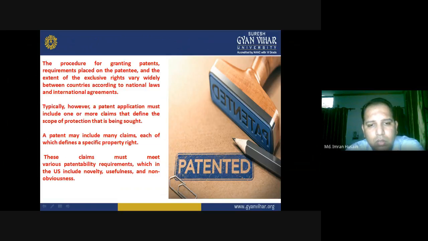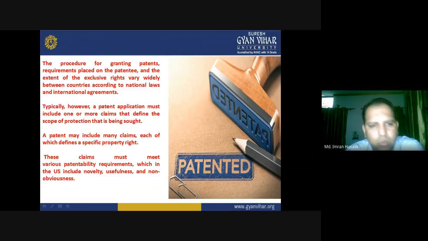These rights relate to the person who designed the blueprint.